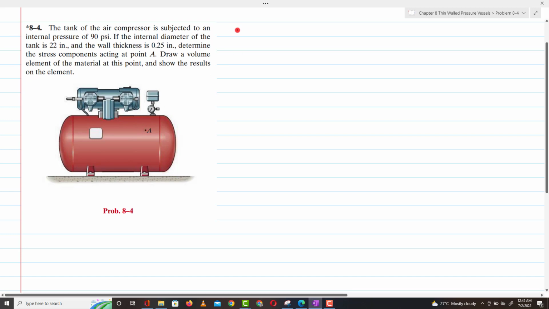So let's start with the given data. In the given data, this is given as a tank. You can see that it is a cylindrical tank, and the internal pressure is 90 psi. So P is equal to 90 psi. The internal diameter of the tank, di, is given as 22 inch, so from here you can get the inner radius, which is di divided by 2, and that is equal to 11 inch.